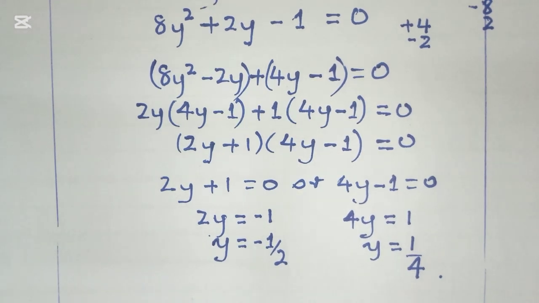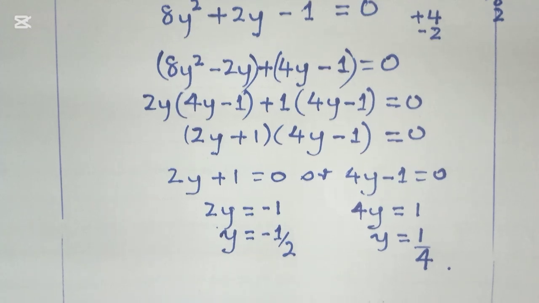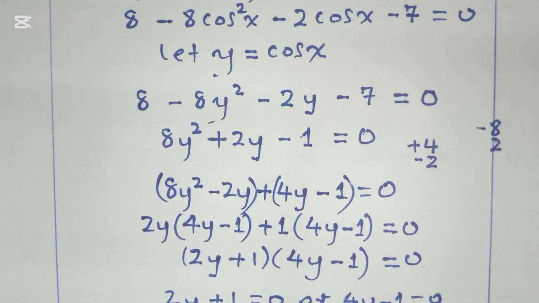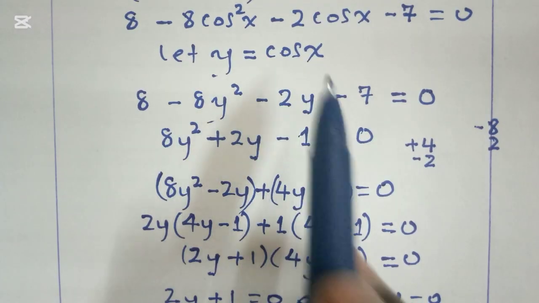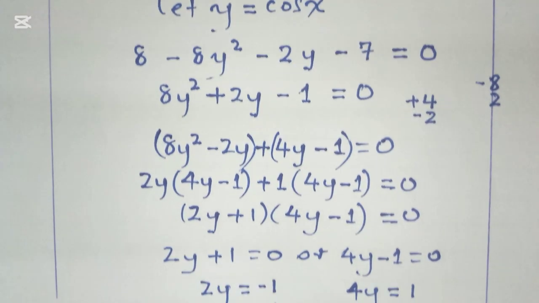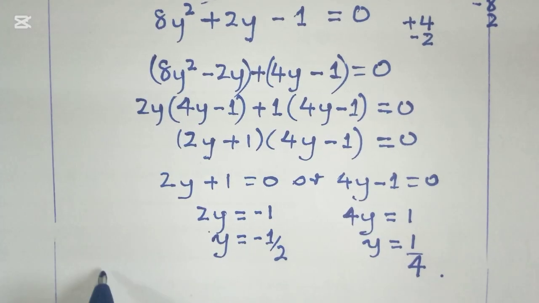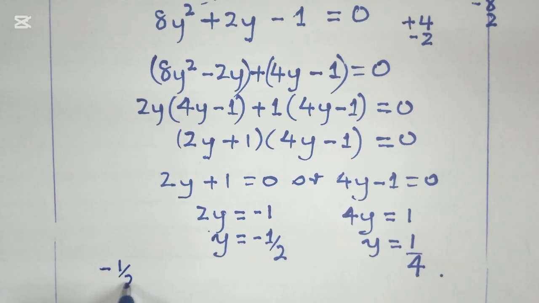So guys, from there we come now and replace our y equals cos x. In this case here we have negative 1 all over 2, so we have negative 1 all over 2 is equals to cos x.